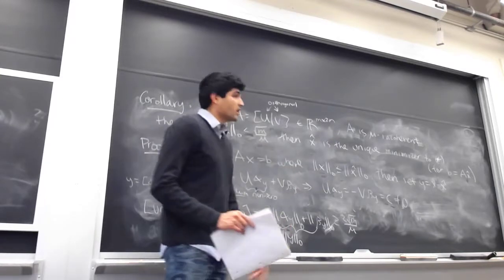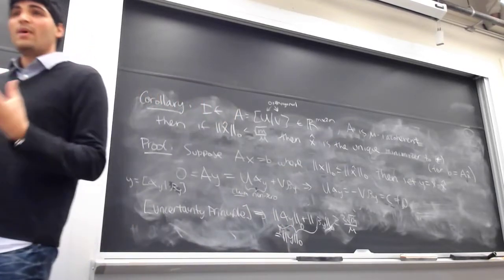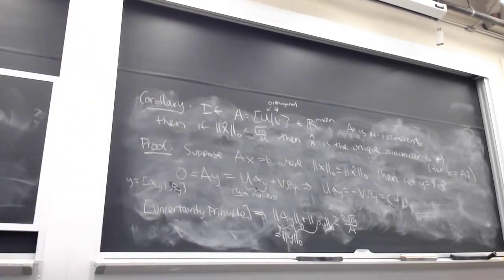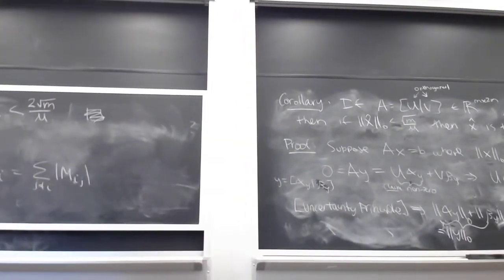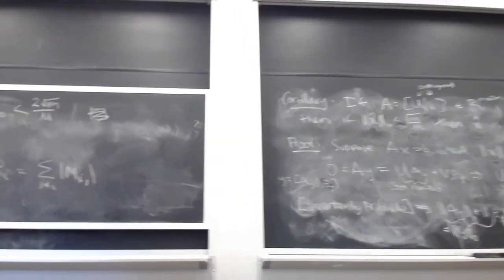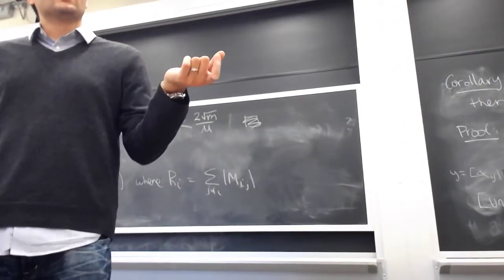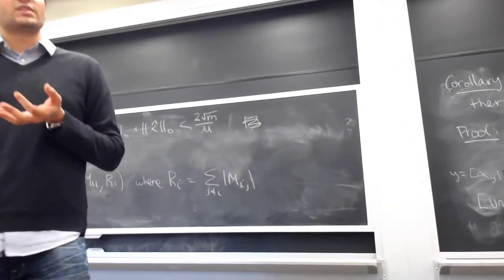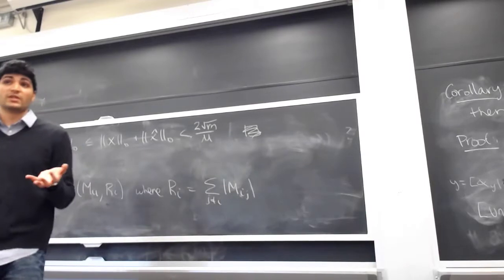Sparse coding is a setting where maybe the right basis that makes all of your signals sparse is actually not known to you. So what if A is unknown, but you have many examples of A times X equals B, and you know those right-hand sides? Can you find one common basis that allows all of your signals to admit a sparse representation?